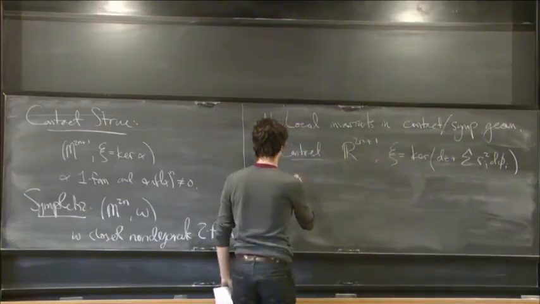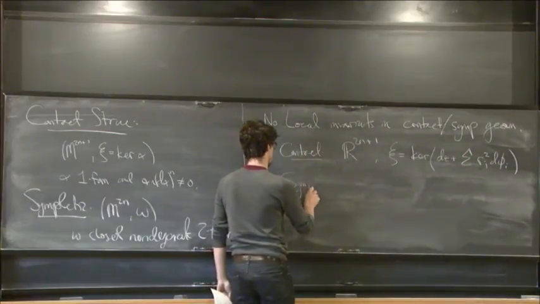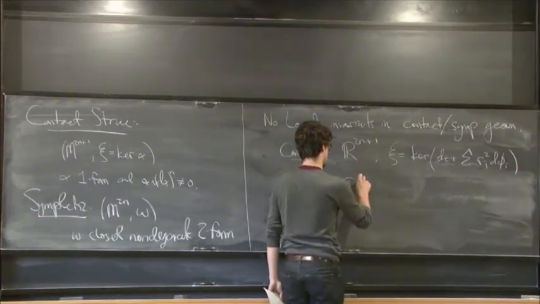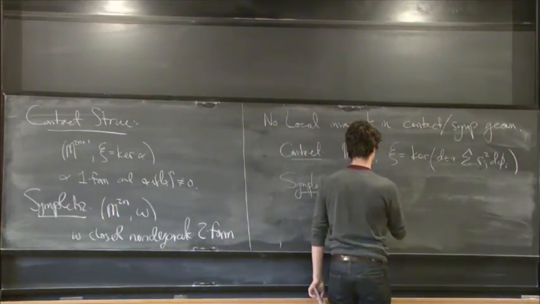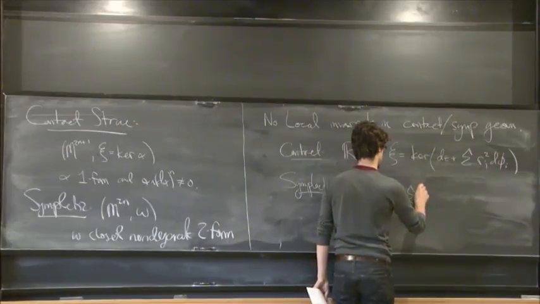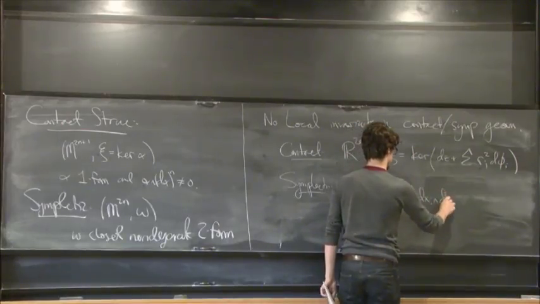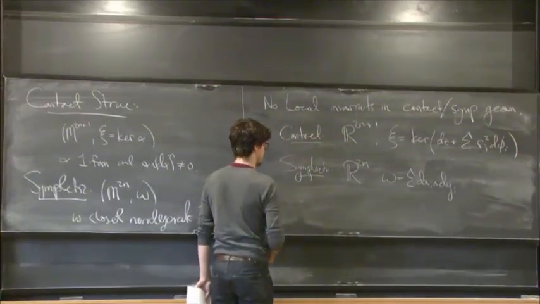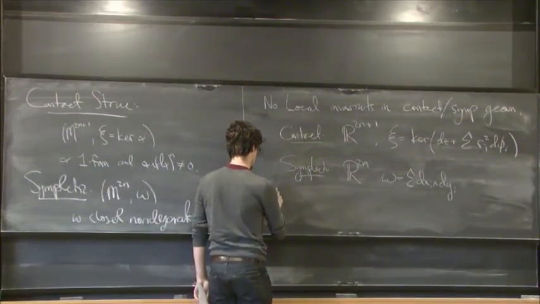And you have this model where omega is the sum of dx_i wedge dy_i. So this is all there is locally.